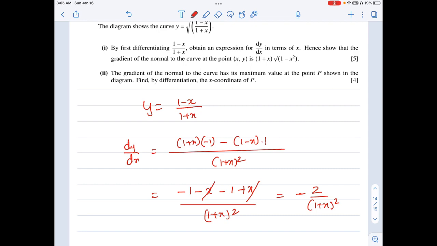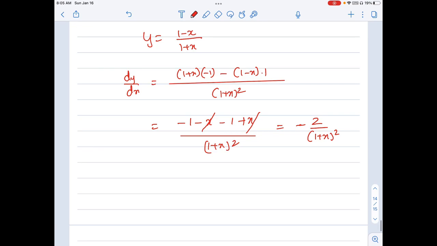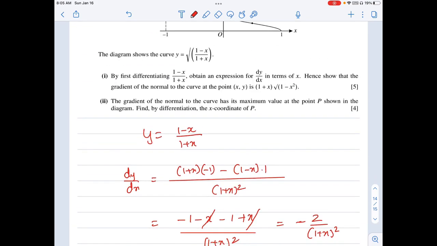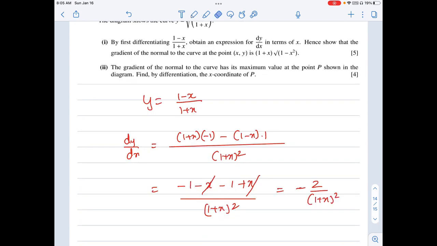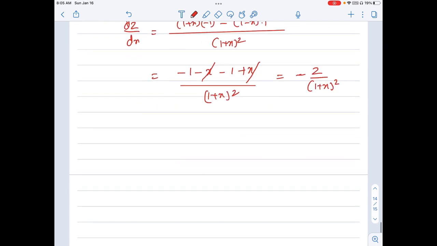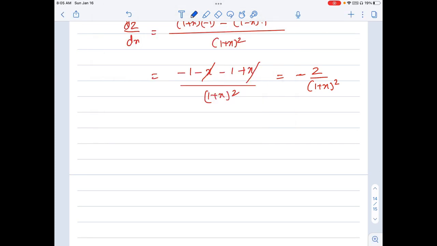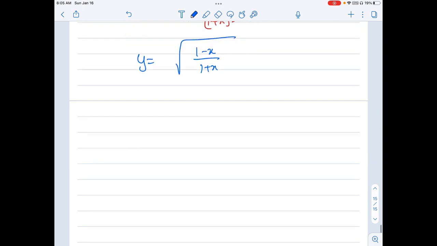Hence show that the gradient of the normal is this one. So I want to find, let this not be y, maybe y. So we cannot consider it as y because it has been already given as y. So I consider it as z, dz by dx. Now in the question it has been given as y. So y is equal to square root of 1 minus x upon 1 plus x. So now I want dy by dx.